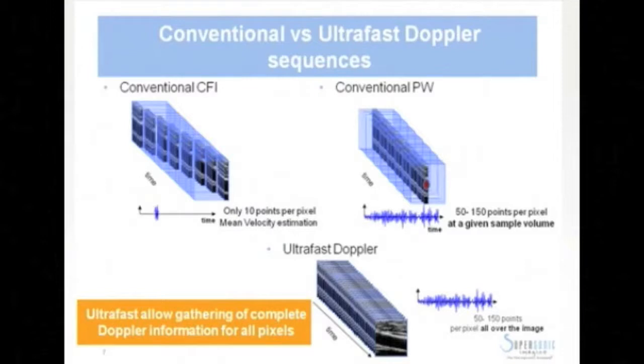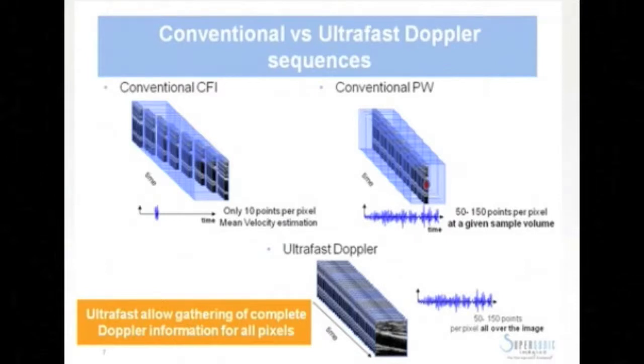But this is restricted to one given location, of course. Now, if we apply the concept of ultrafast imaging to the Doppler acquisition, you see that we are computing for all the pixels during all the acquisition time, and we end up with the same kind of data that we have here for all the pixels of the image.